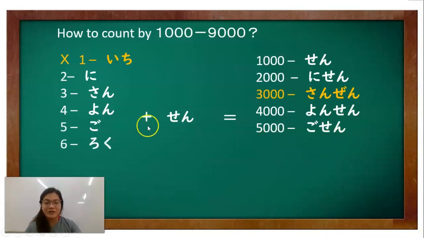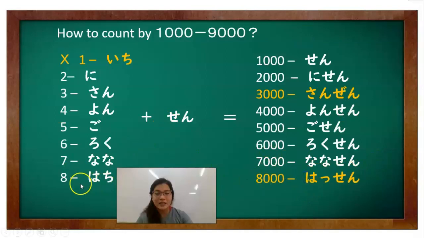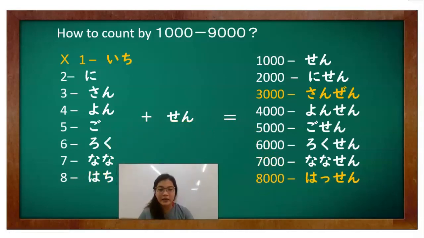How about 6,000? Roku plus sen is equal to rokusen. Okay, next is 7,000, nana plus sen is equal to nanasen. Next, 8,000 is hachi plus sen is equal to hassen. Okay, and next is 9,000, kyuu plus sen is equal to kyuusen.